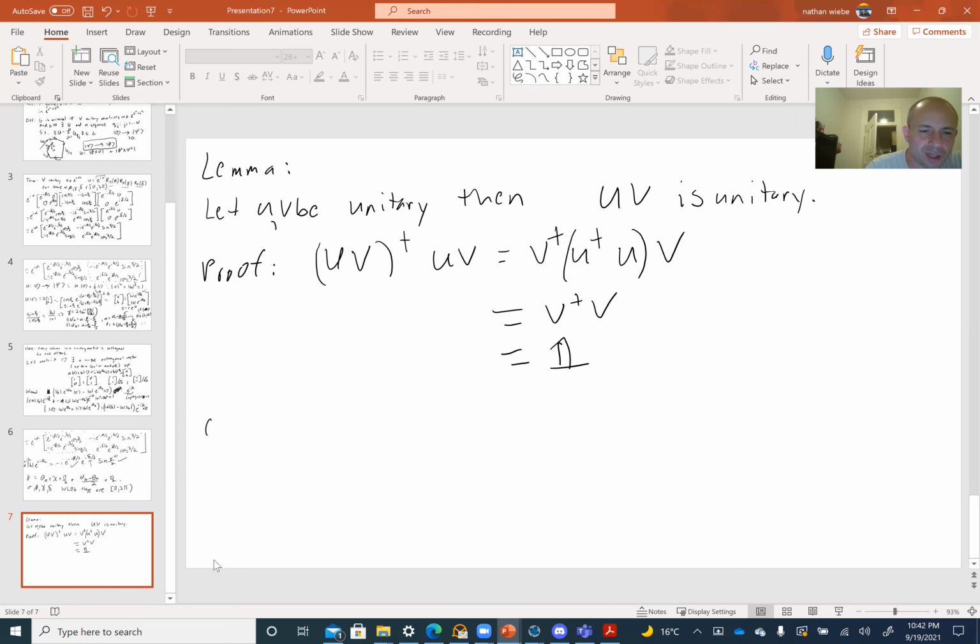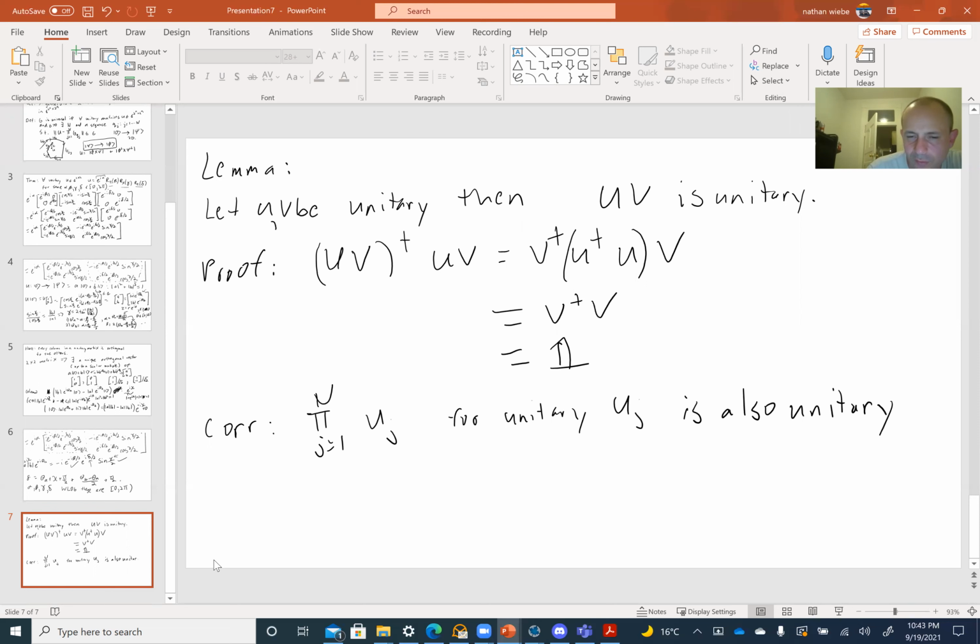And then clearly, as a corollary, the product from j equals 1 to n, U sub j for unitary U sub j is also unitary. Okay, and the proof by this is a straightforward argument by induction.